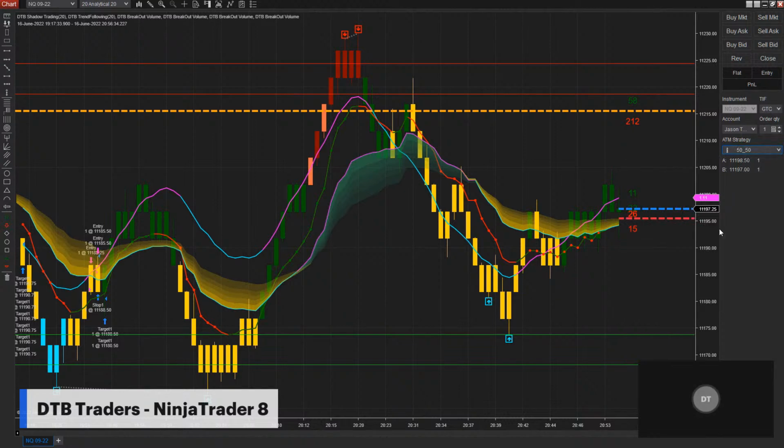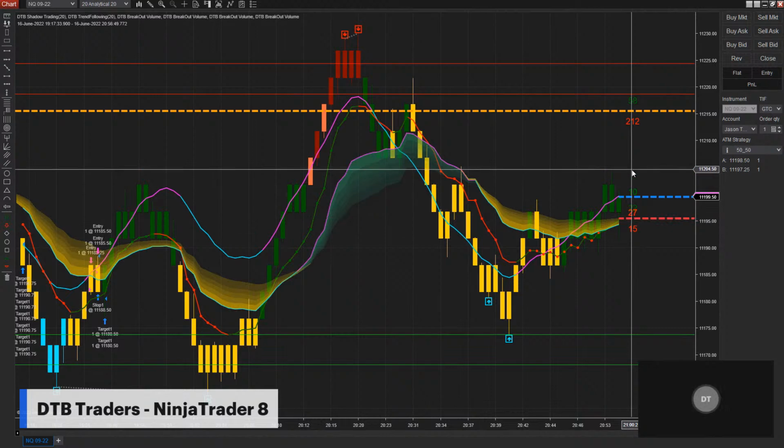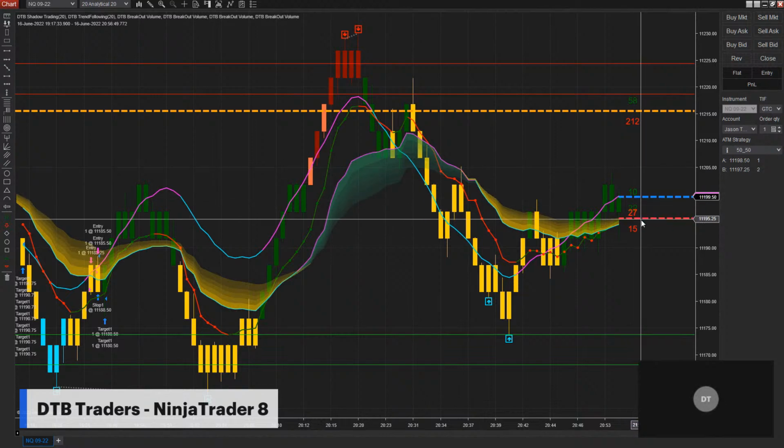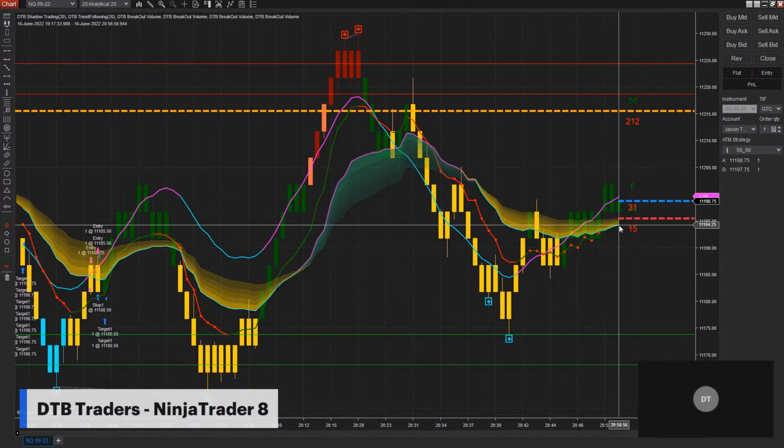Let me just get an ATM in place. So this candle can either close up or it can close down, but this is the exact point where there has been action taken in the market, either to push the price up or to reverse the price to come down.